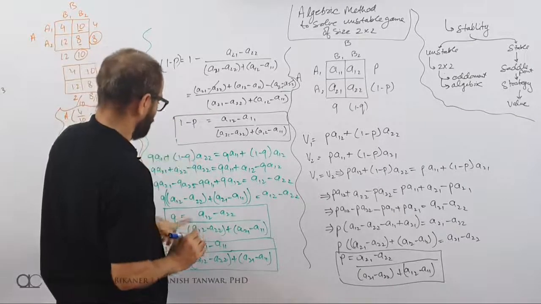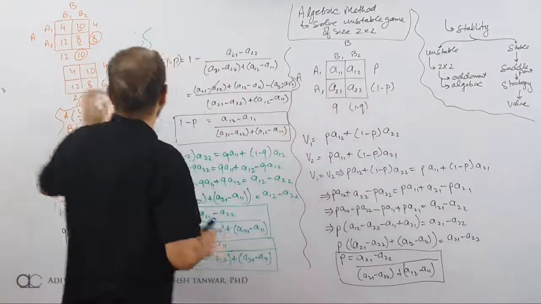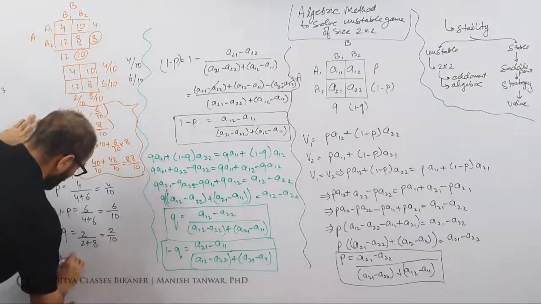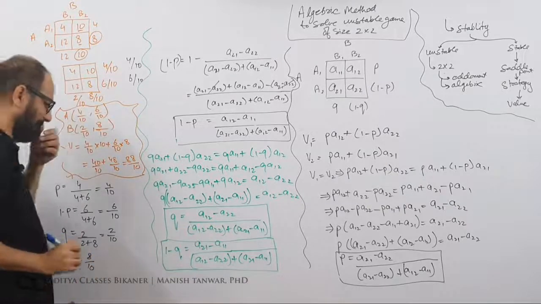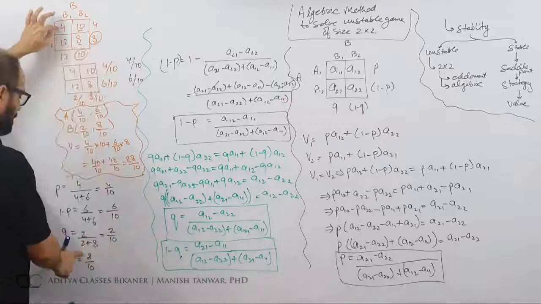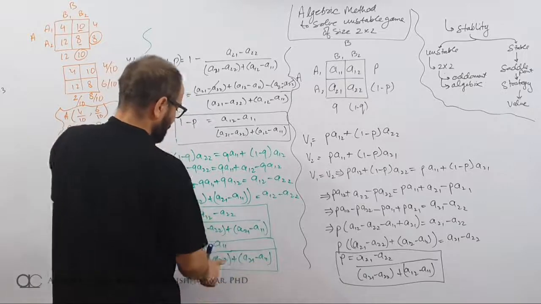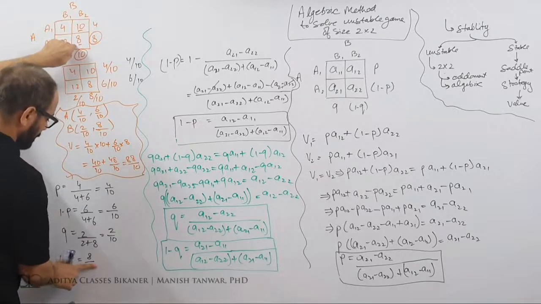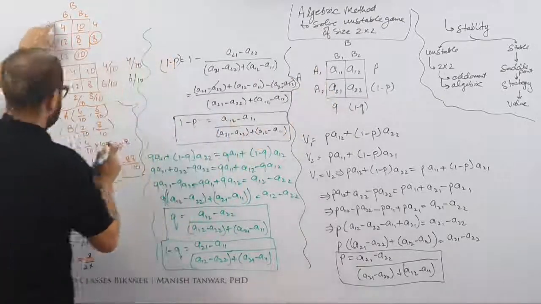Then there is A21 minus A11, 12 minus 4, which is 8, giving me 2 by 10. 1 minus Q, if we find out from here, it will be 8 by 10.